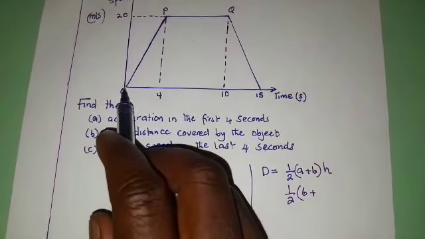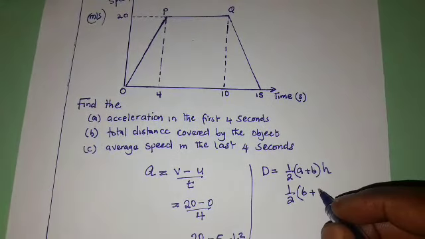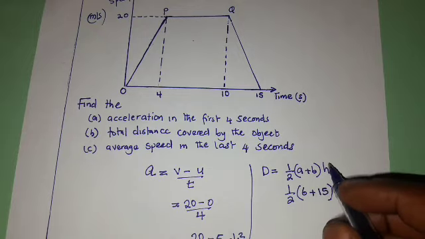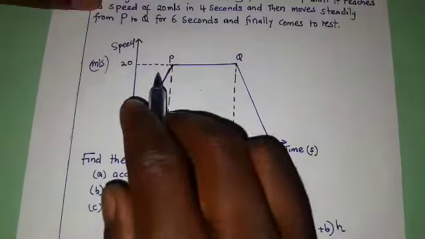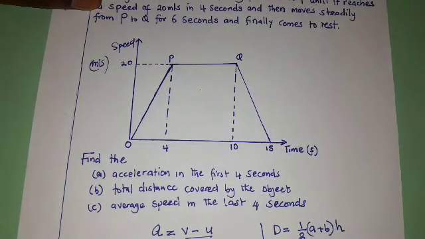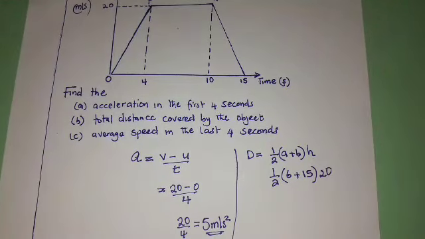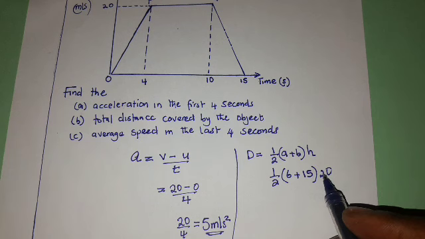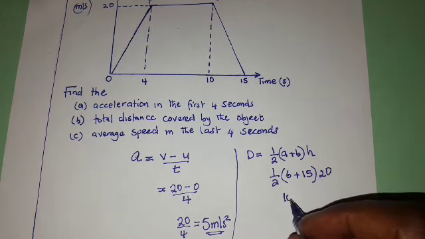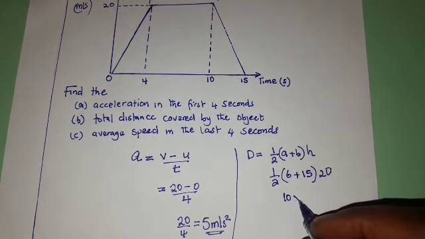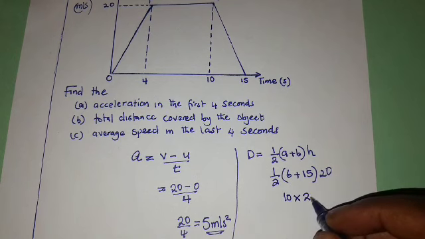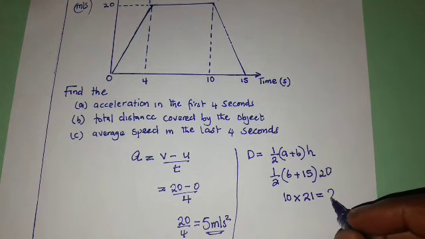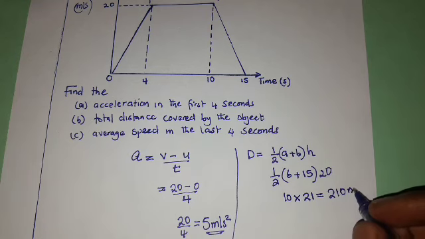Then from O to 15, that is our B, which is 15 here. Then H is the height, which is 20. Then we can divide this 20 by 2, which gives us 10, multiplied by what we have inside here, which will be 21. And this will give us 210 meters.